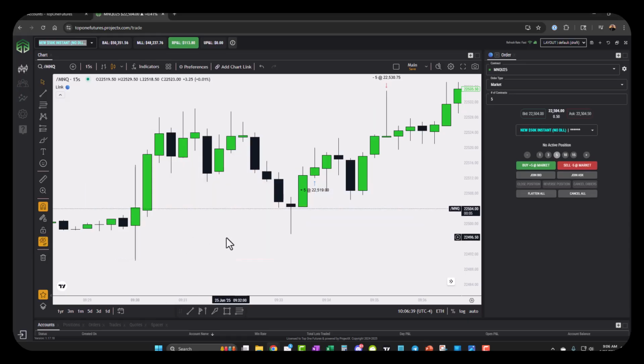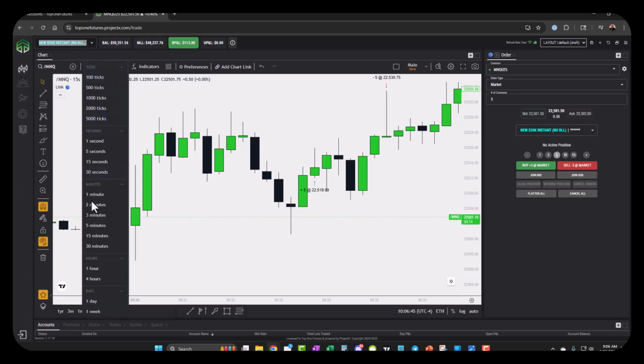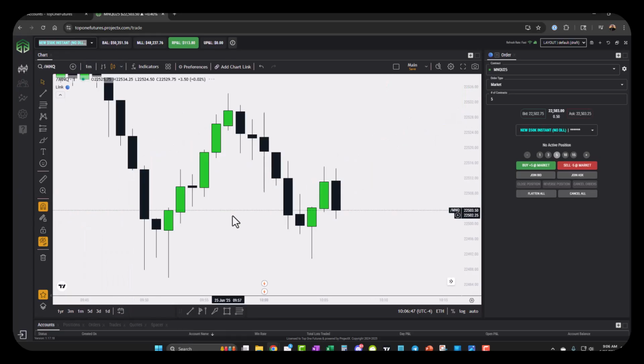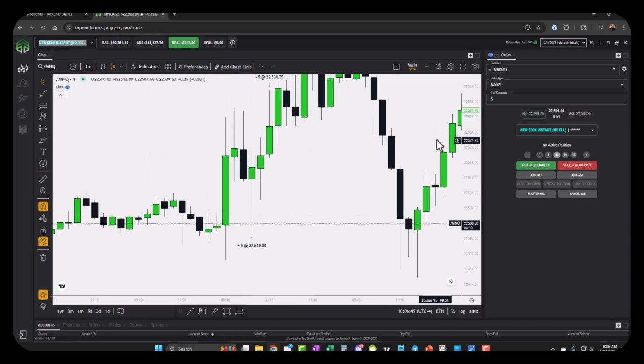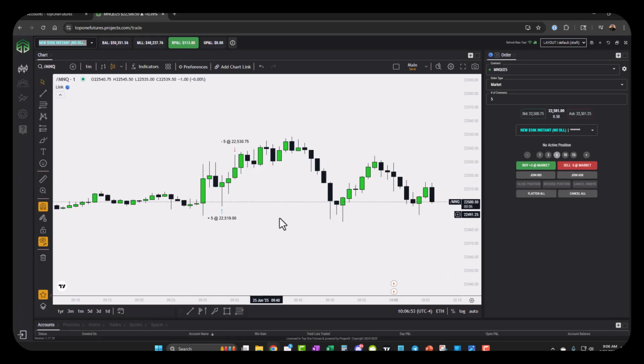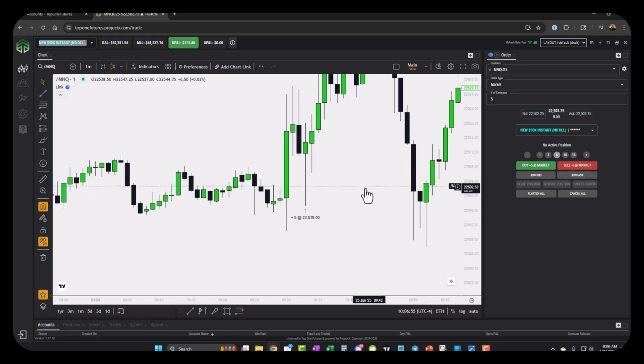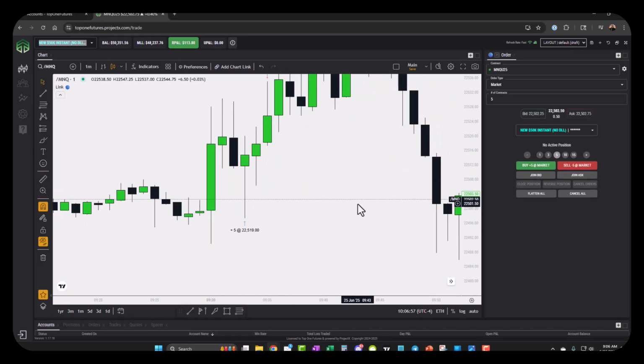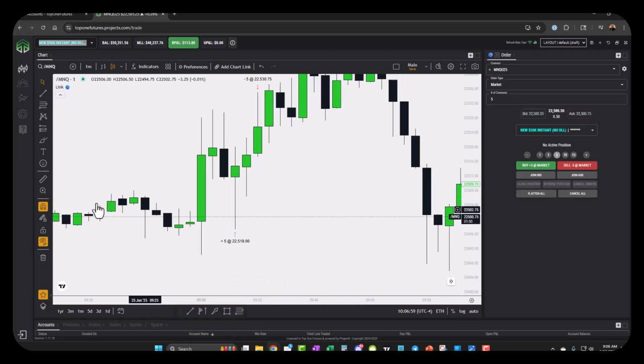We'll take away all the lipstick for a second. 15-second chart. But I was basing this off of a 1-minute fair value gap. It was not the first presentation fair value gap, although some people may think it is. So this might be a couple multiple lessons in one, but it was still a fair value gap.